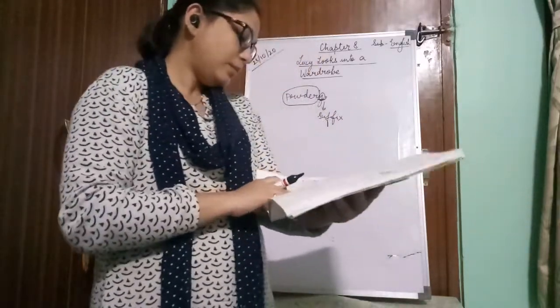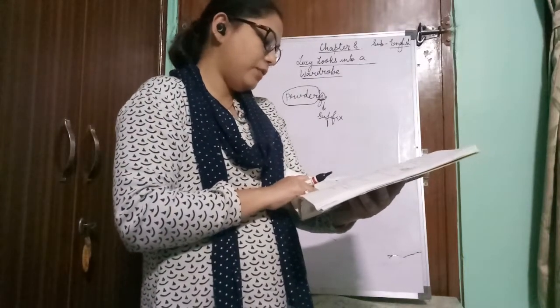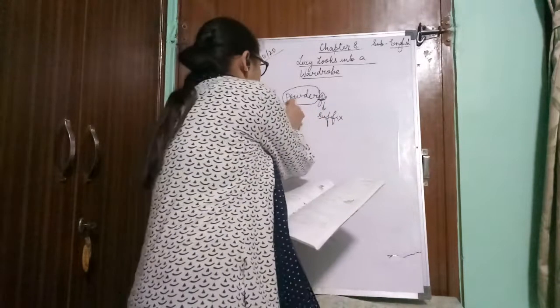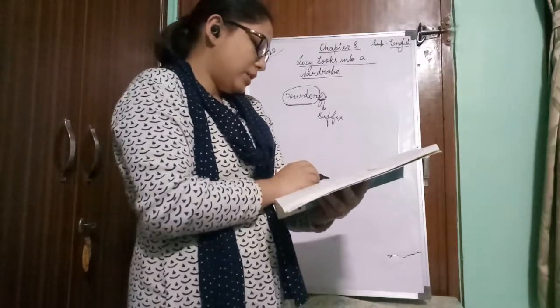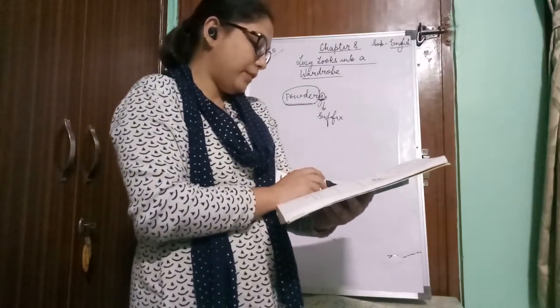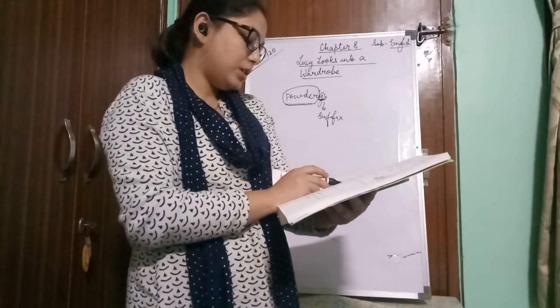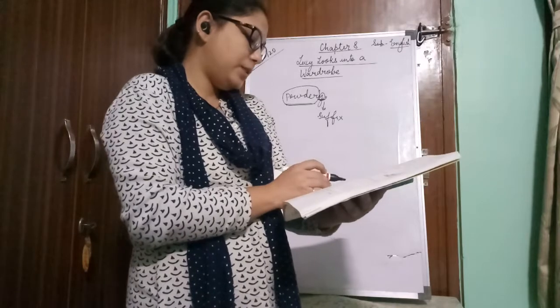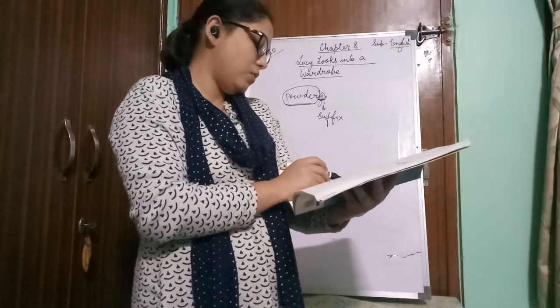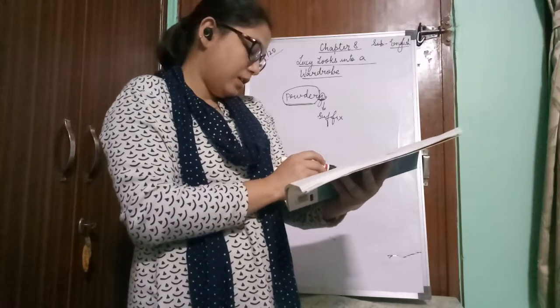Now some adjectives can be formed from nouns. So this powder is a noun. Look at the table to understand different types of suffixes which when added to a noun make adjectives. However, sometimes in the process we have to delete one or more letters from the end of the noun.